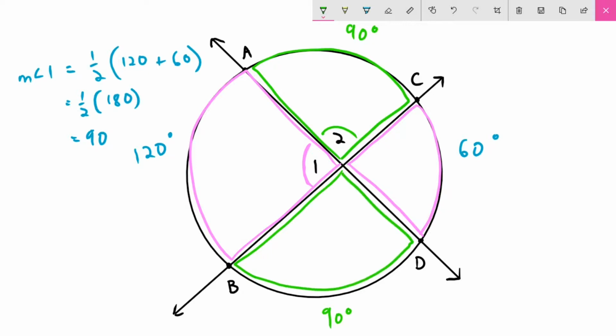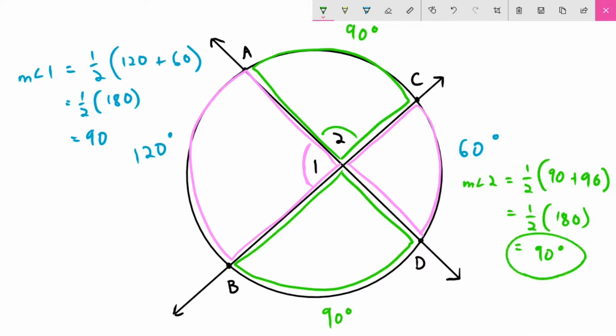Alright, so anyways, if I want to find the measure of angle 2, you're gonna take 1/2 the sum of those 2 slices, 90 plus 90. That's gonna be 1/2 of 180 equals 90. Wow, it's also 90 degrees. So angle 2 is 90 degrees. Angle 1 is 90 degrees. There it is, just like that.